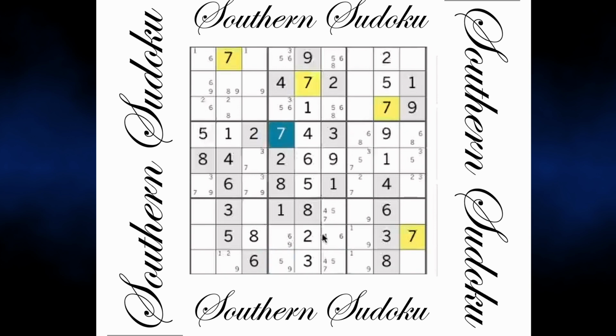That can't be a 7 because of that. Seven has to be one of those two because of this one and then those two.